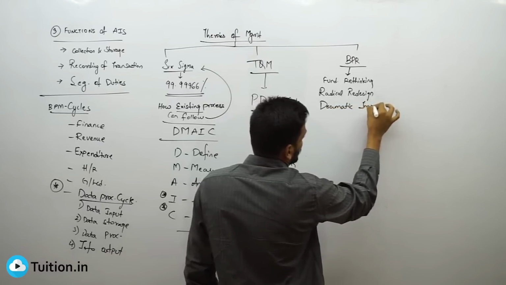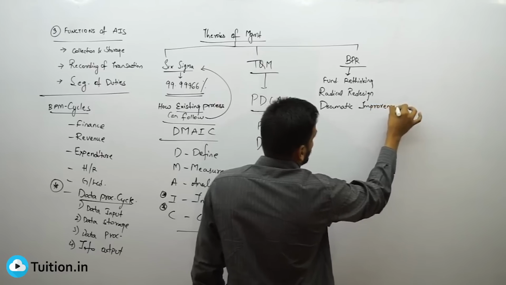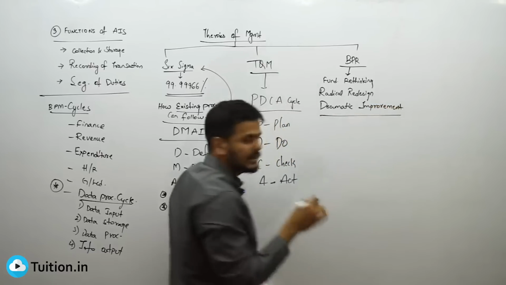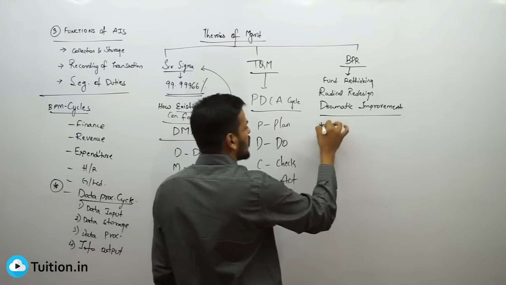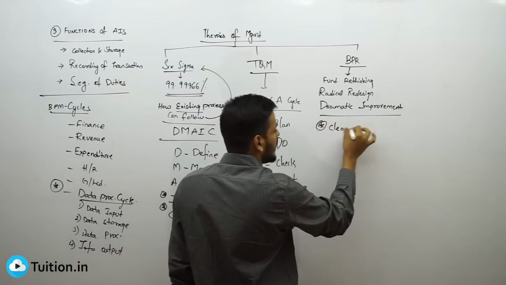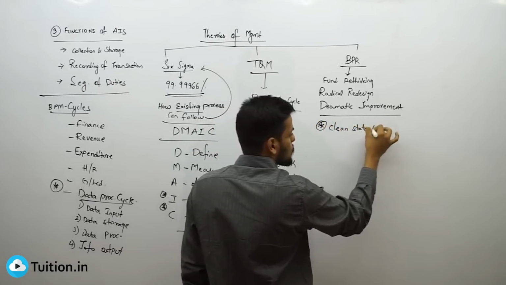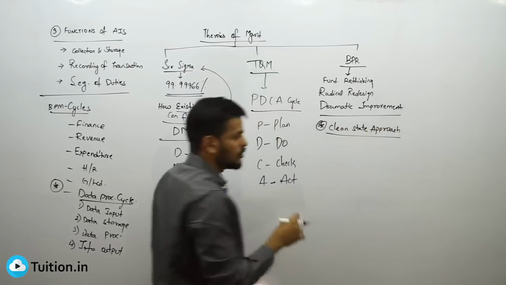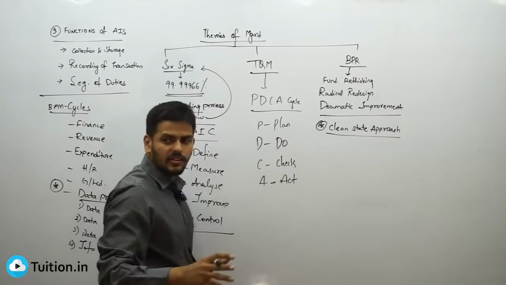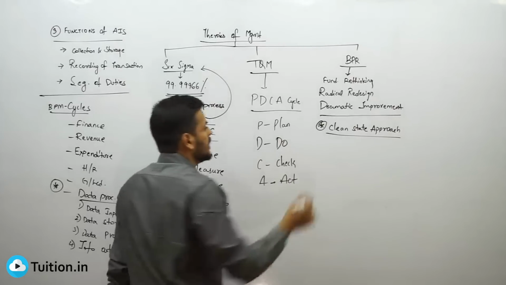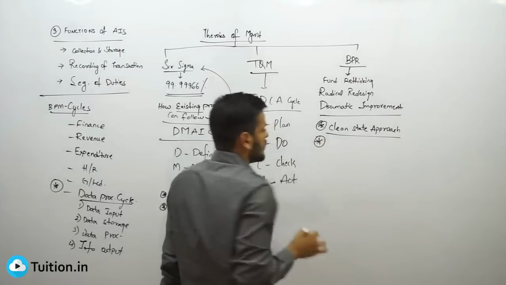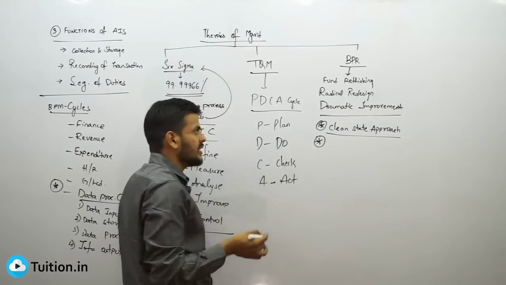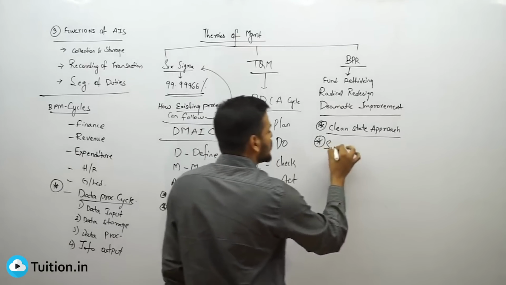These are the three keywords in BPR. So BPR is all about what? Wiping away all existing process, which is what is called as a clean slate approach. You can find these words, clean slate approach, which means wiping away all the existing process and coming up with absolutely new process.